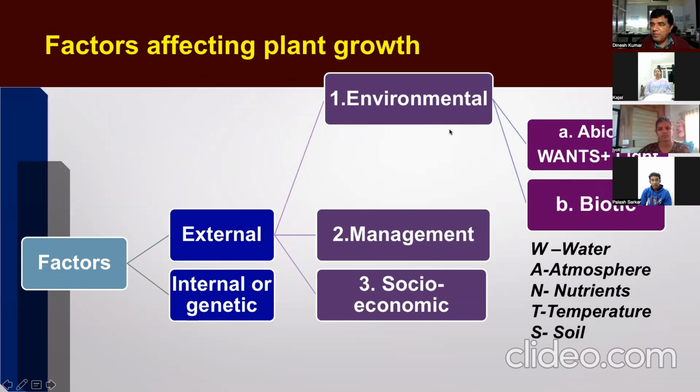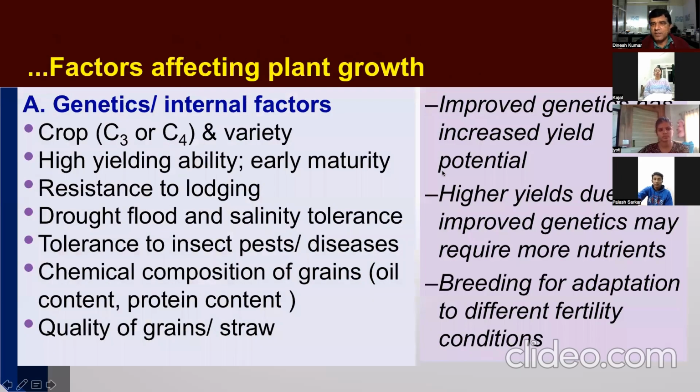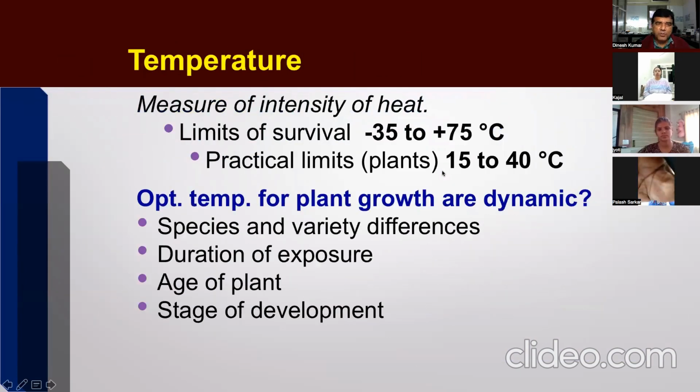Abiotic and biotic are environmental factors, and we were discussing abiotic factors, and we have covered most of the abiotic factors also. Today we will discuss the role of water, and atmosphere, meaning carbon dioxide concentration in the atmosphere, and then we will discuss management and socio-economic factors. So how these factors will affect the growth of the plant.